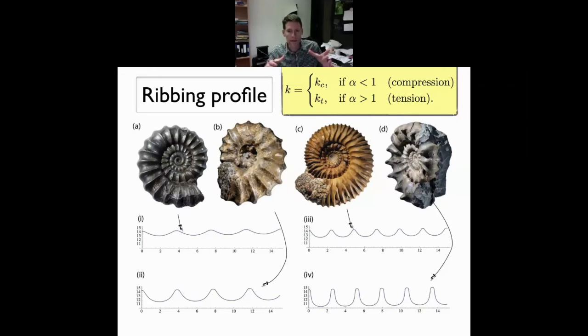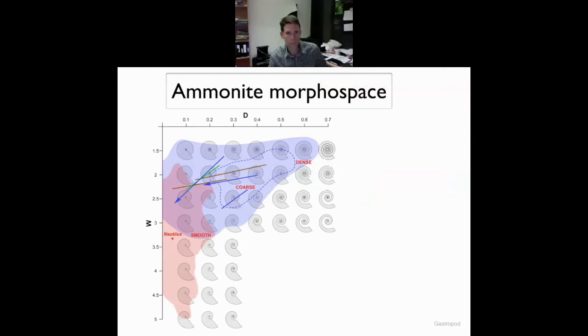In other words, if it responds more strongly to being in tension than in compression, then conceptually you spend less time in the peaks, when the tissue is in tension, than in the valleys, when it's in compression. You can play with different parameters there and get these different profiles, which do a reasonable job of capturing some of the profiles we actually observe on ammonite shells.